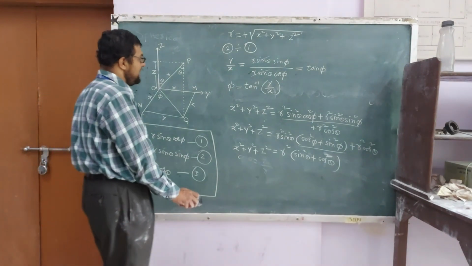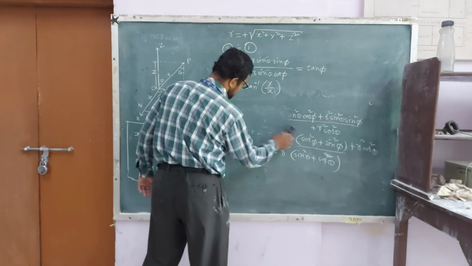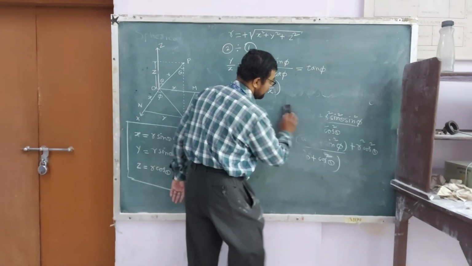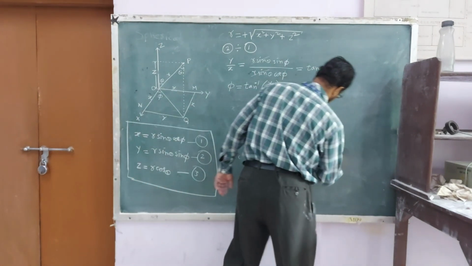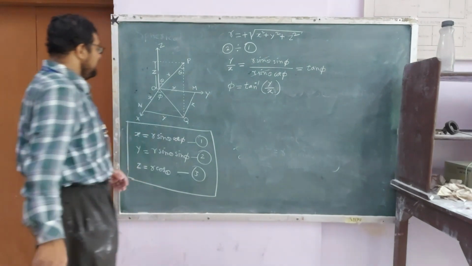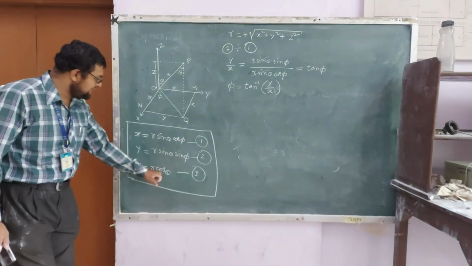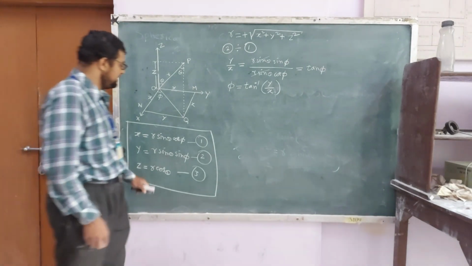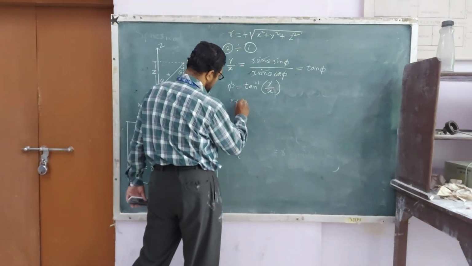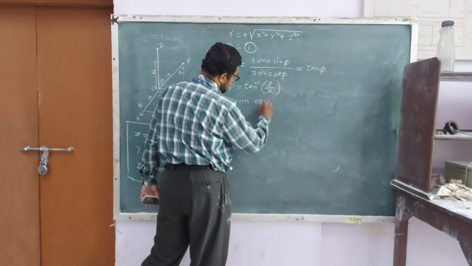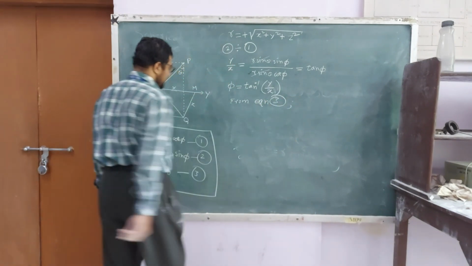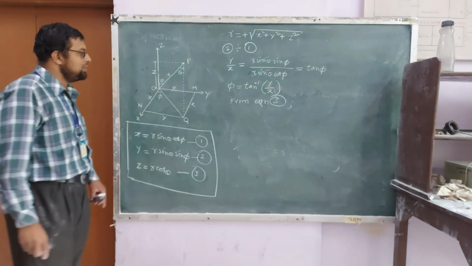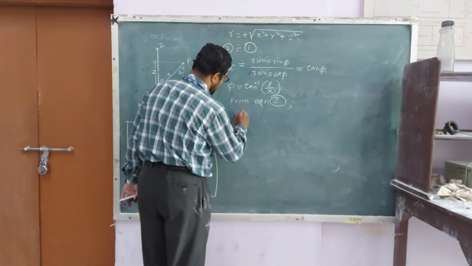Now to find the third coordinate, that is theta, we have to just take this r to the other side. From equation number 3, cos of theta will be z divided by r.